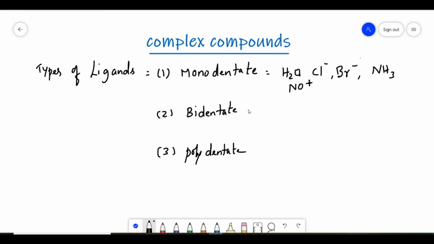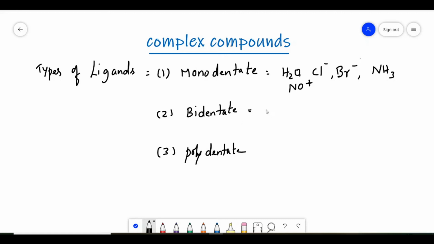Next, bidentate means they have two binding sites with the metal. So they are bonded at two sites with the metal. One bidentate ligand will give two coordination number. If in a complex there are three bidentate ligands, it indicates the coordination number is 6.